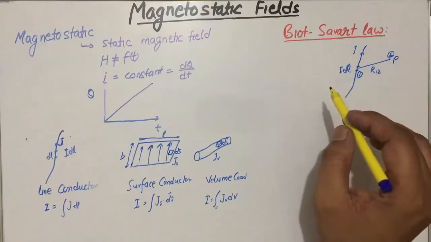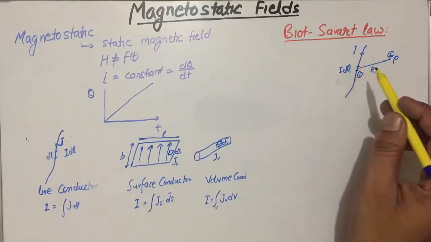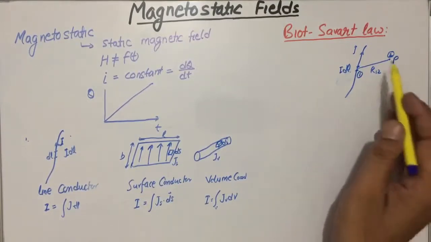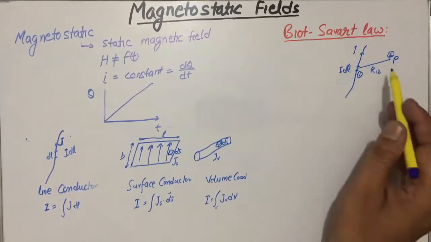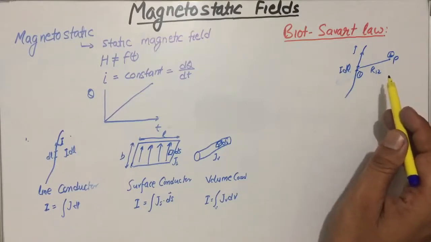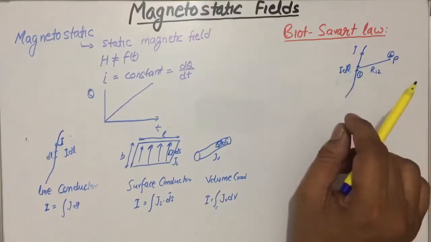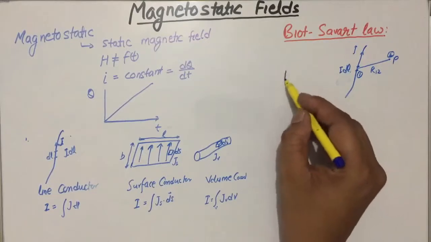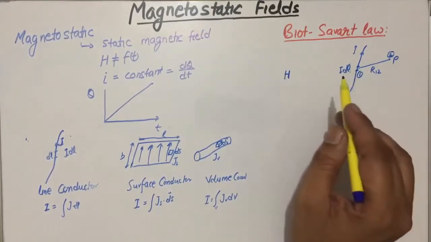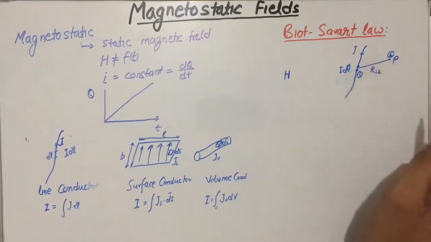The magnetic field is the region around the current carrying conductor in which a magnetic material placed in the surroundings experiences a force. To quantify this magnetic field, the intensity H is defined, which we will try to find from the Biot-Savart law. Magnetic field intensity quantifies the effect of the field in the surroundings of the current carrying conductor.